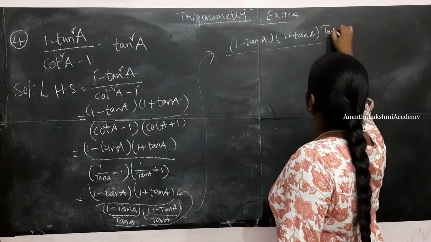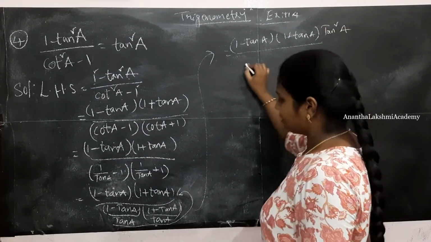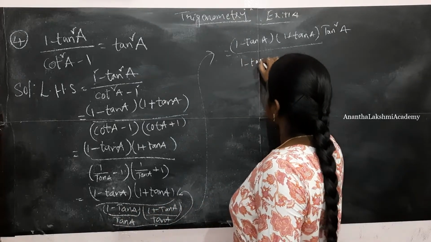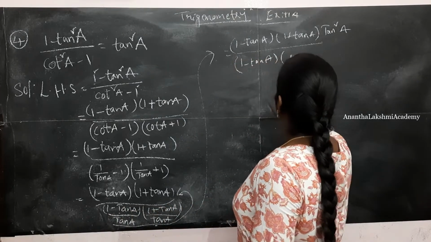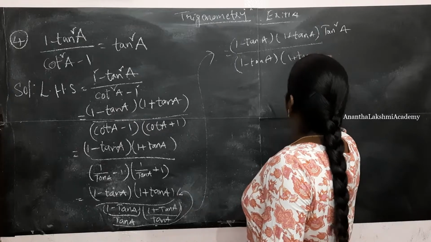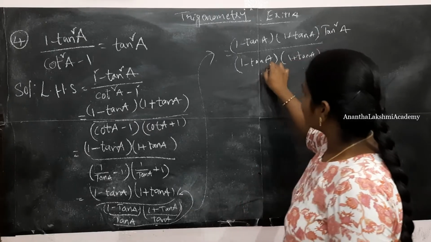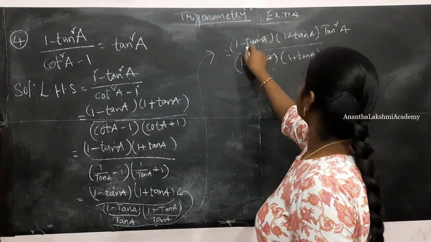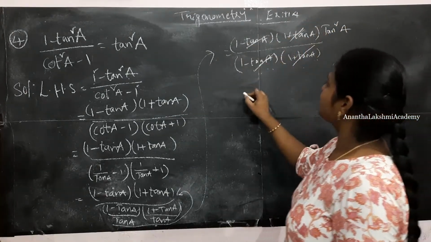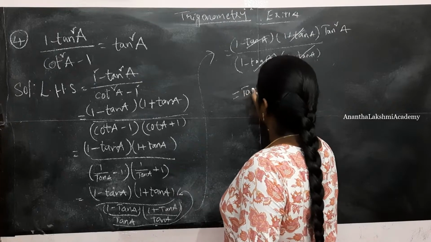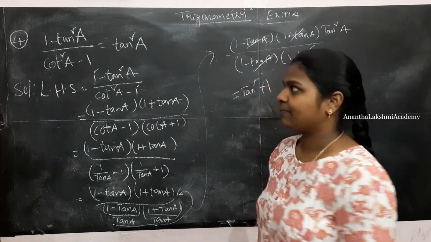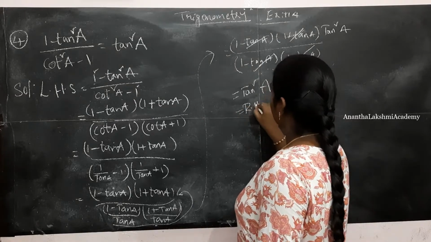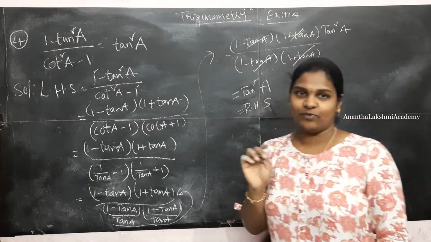That is nothing but tan square A by 1 minus tan A and 1 plus tan A. The denominator has come upside. 1 minus tan A, 1 minus tan A, 1 plus tan A, 1 plus tan A gets cancelled, and this is tan square A. That's nothing but RHS. LHS is equal to RHS, and hence proved.